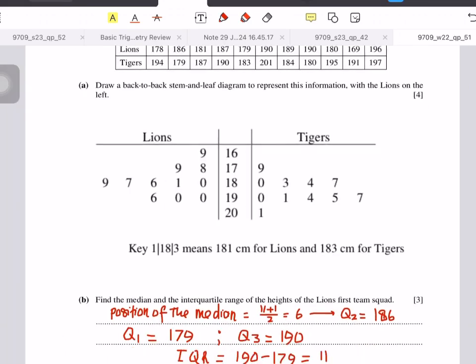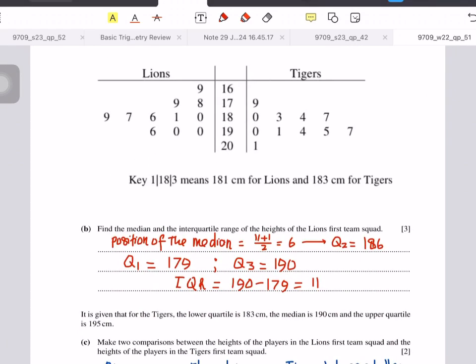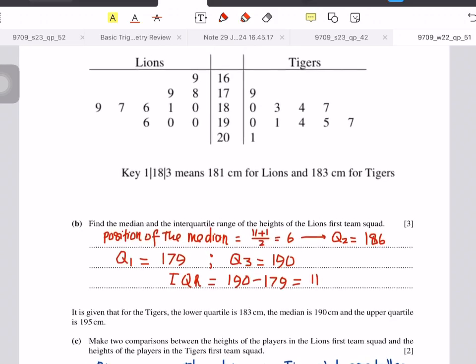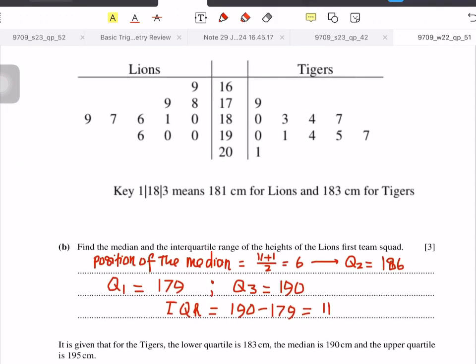And then for part B, find the median and the interquartile range of the height of the Lions first team squad. So first we need to find the position of the median. It can be found using a formula.